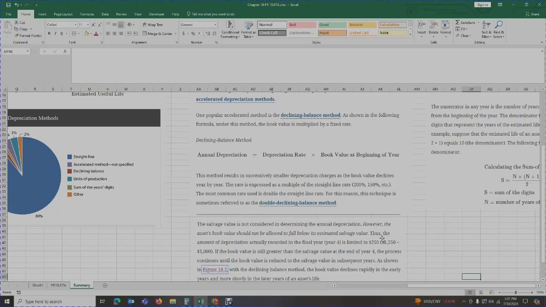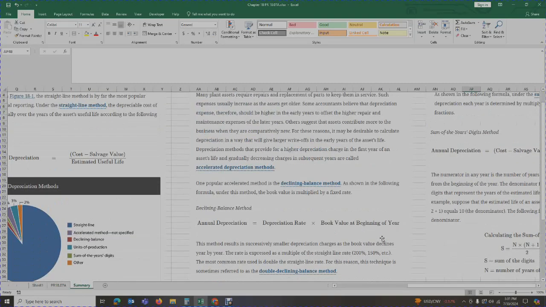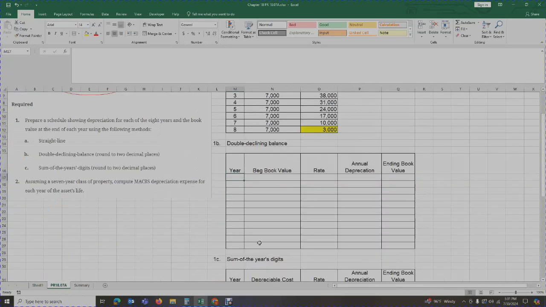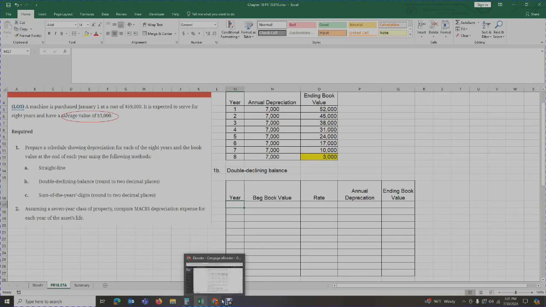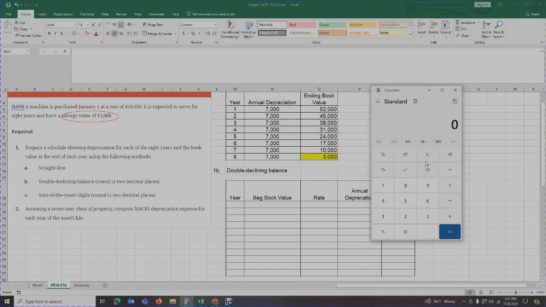Now, remember, for the depreciation, we're going to get the depreciation rate for the straight line and simply duplicate that. Let me get the calculator. Okay, the rate for the straight line method is, we are going to divide 1 year by the total number of years.